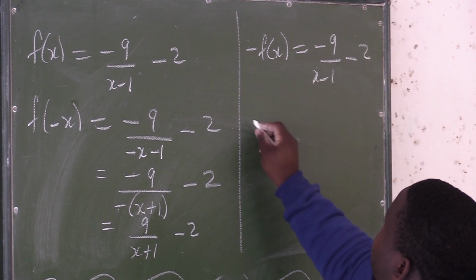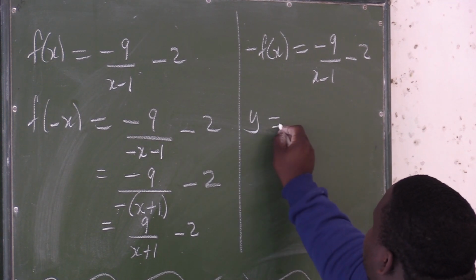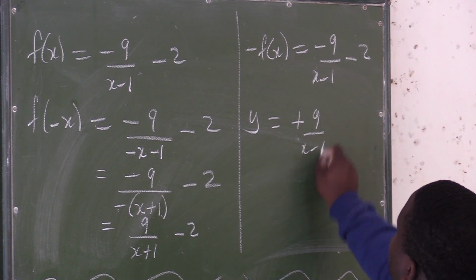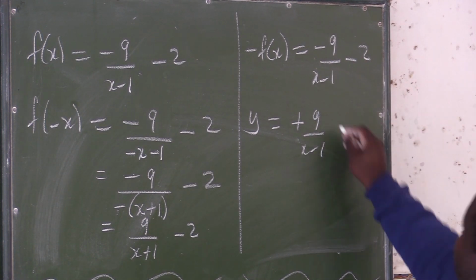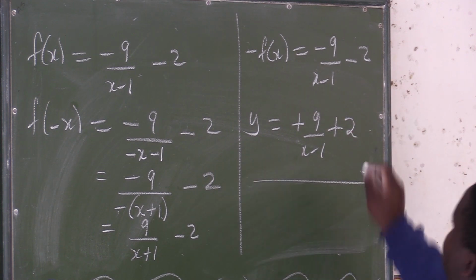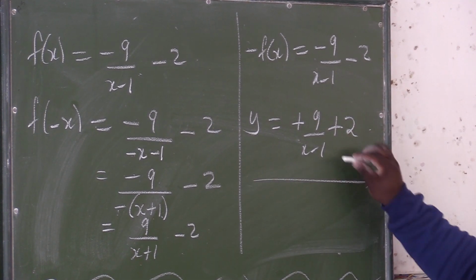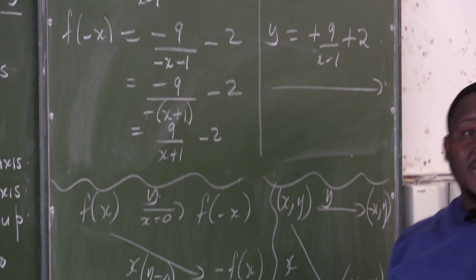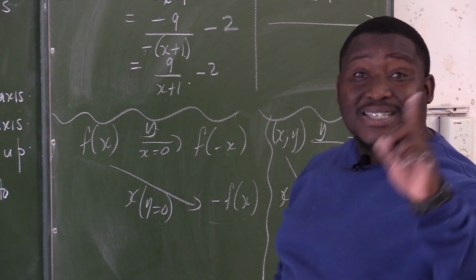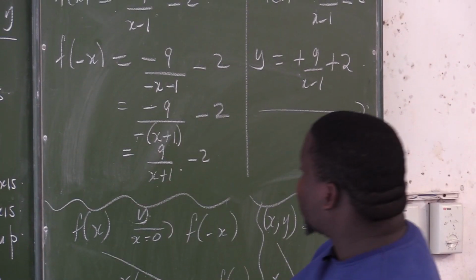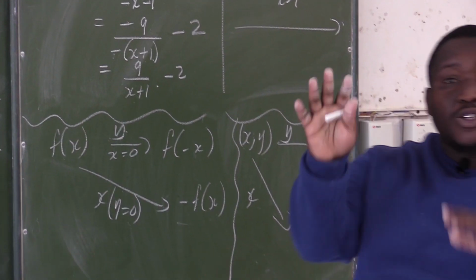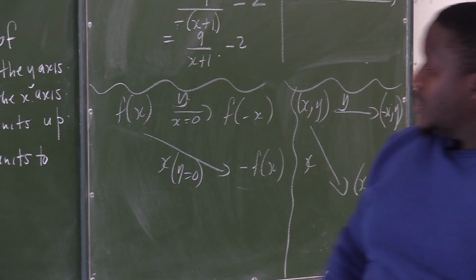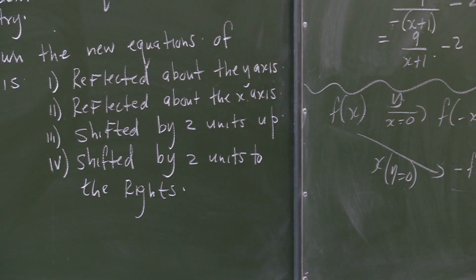If I divide by negative 1 across, I get the new equation y equals, divided by negative 1, this becomes a positive 9 over x minus 1. If I divide by negative 1 here, I get a positive 2. Then I get this new equation. It means this equation is the result of reflecting f of x along the x-axis. But this equation is the result of reflecting f of x along the y-axis. So you need to make sure that you understand these two types of reflection, along the x-axis and along the y-axis.